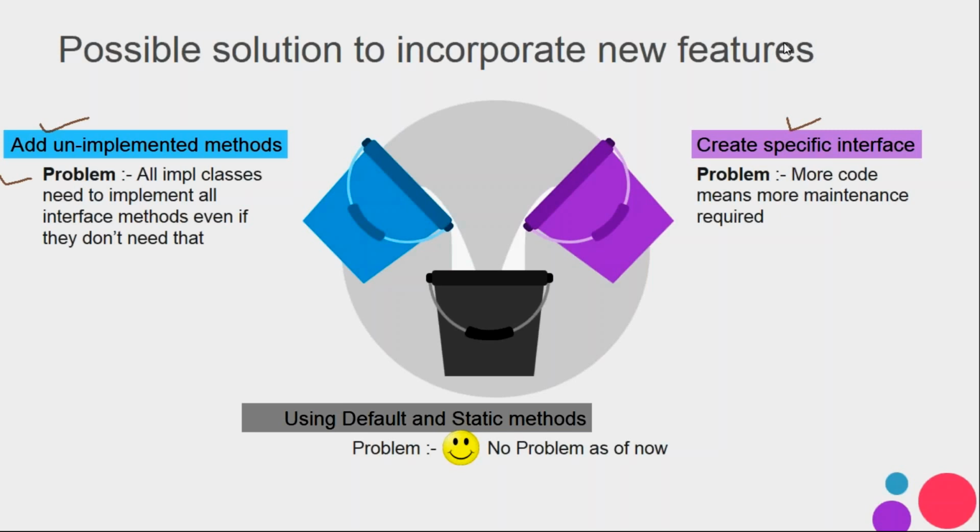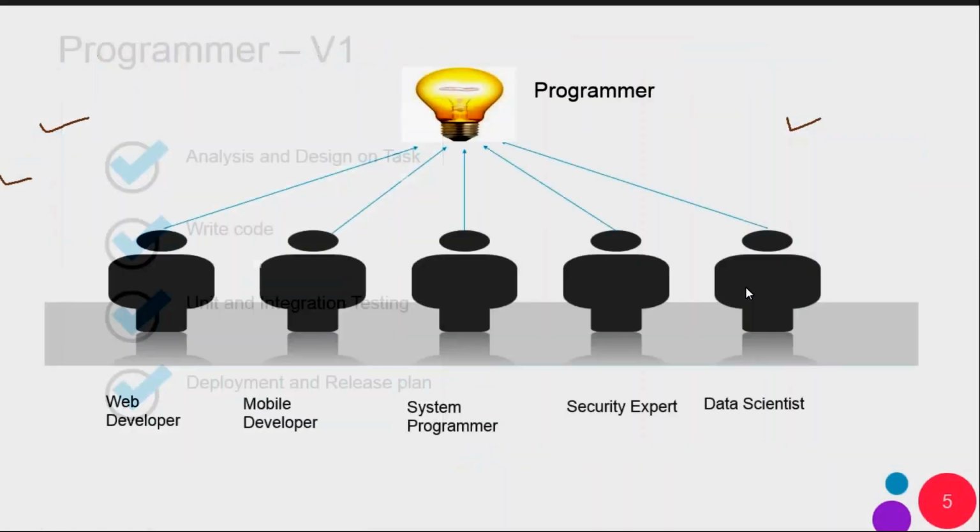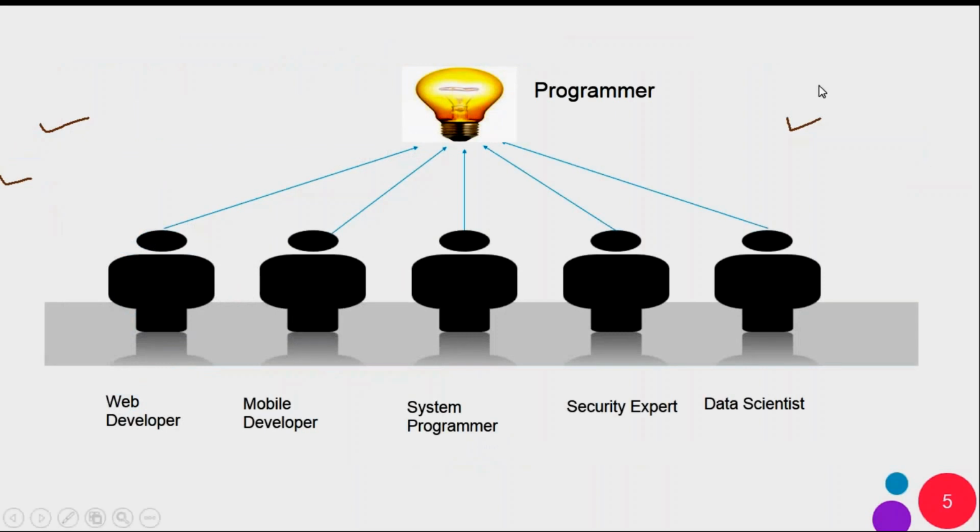So you realize that, okay, only two types of implementing classes need these three new features. So why don't we create a new interface for all these new features, for the web developer and the mobile developer only, instead of everyone else. Just for simplicity, let's write one new feature only.